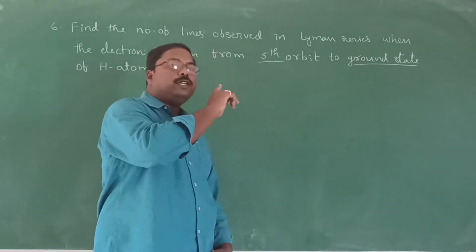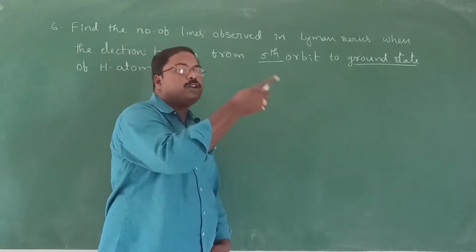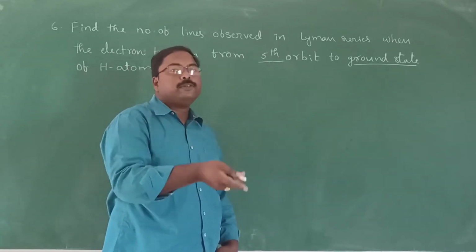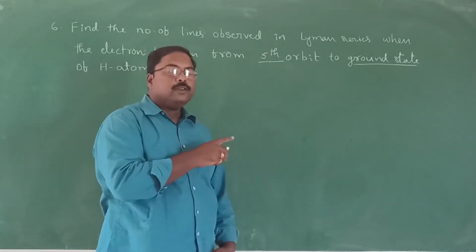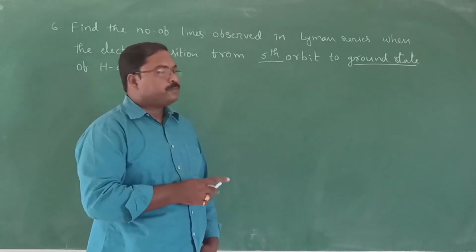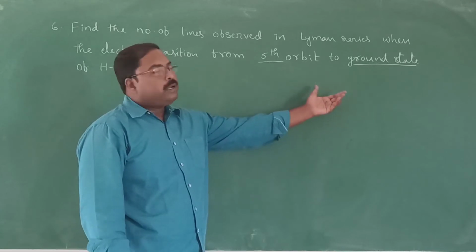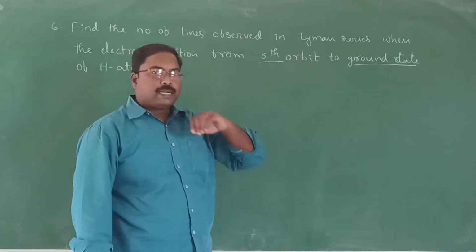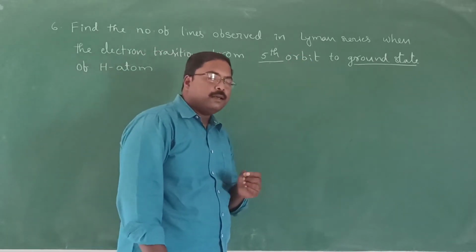The total number of spectral lines we calculated using the formula n into n minus 1 by 2. So we get a total of 10 spectral lines, right?